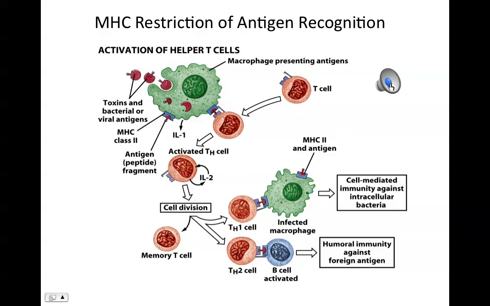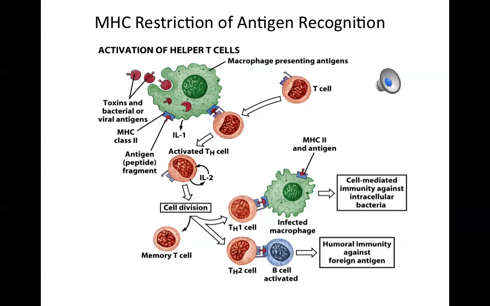CD4 positive cells become activated in a little bit more complex way. And in fact, naive CD4 positive T lymphocytes, once activated, can become further differentiated into other subpopulations that we call T helper 1s and T helper 2s, Th1s and Th2s.